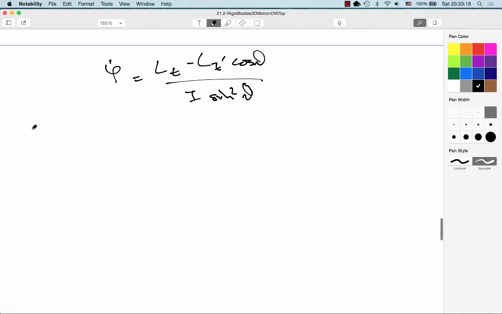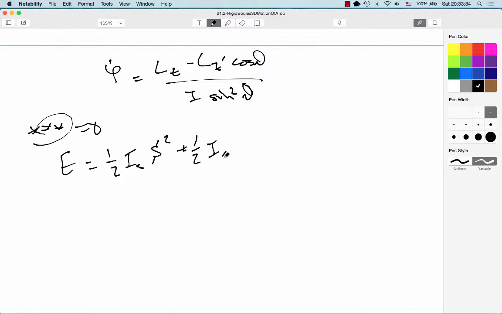So plugging into triple star, that's now going to yield us that the energy is 1/2 I_S S squared plus 1/2 I theta dot squared plus 1/2 I, and now we'll substitute in my phi dot squared.